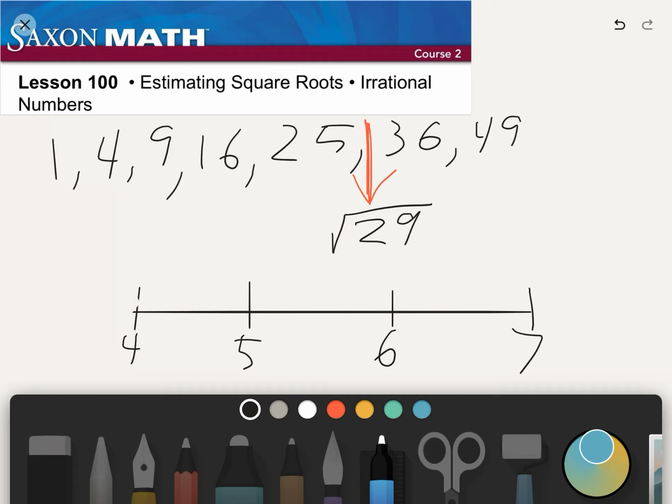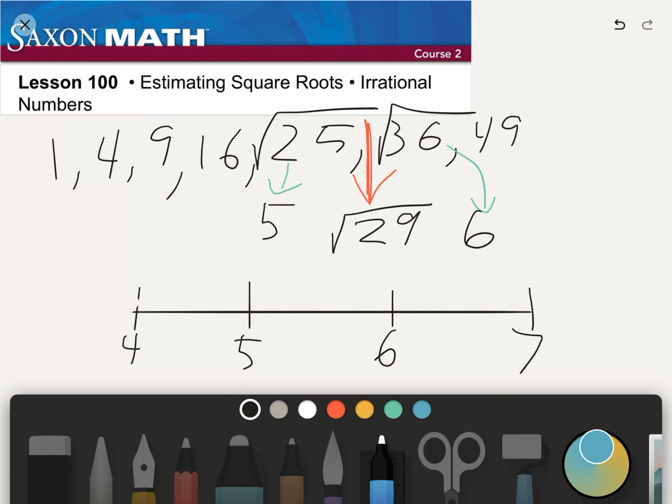So the way we can do that is we can think, well, we could look at the square root of 25, right? So that would be 5. And we can look at the square root of 36. Which of course is 6.